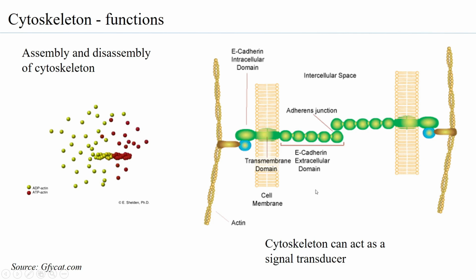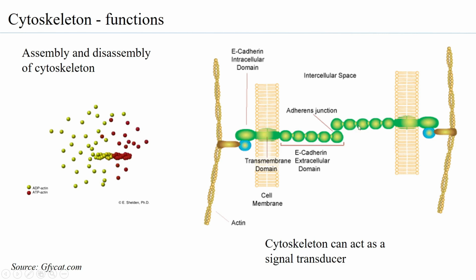Now, what do we really mean by that? So, for example, consider you have a surface molecule. This is a membrane protein, a transmembrane protein called cadherins. So, like all transmembrane proteins, you have the membrane spanning region, you have the intracellular domain, and you have the extracellular domain. So you can see how neighboring cells, this is one cell and this is the second cell, are interacting with each other.